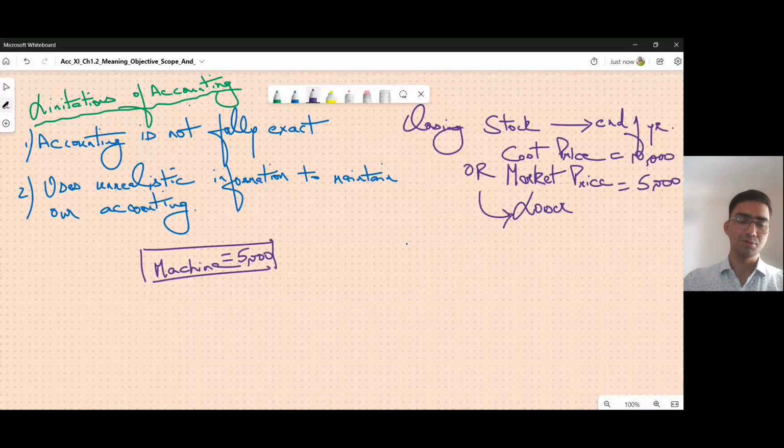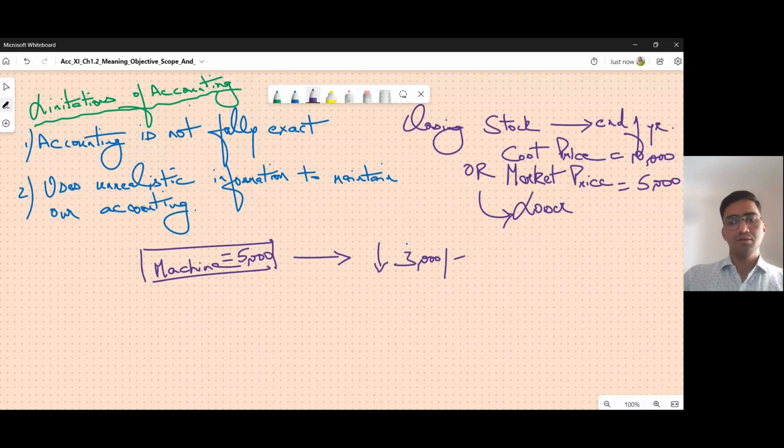But say tomorrow, if I go to the same market and I find out the price of this, the price has changed, it has come down to 3,000 rupees. This change will have no effect in accounting. If the price of this machine has reduced tomorrow in the market to 3,000, I will not rub out the amount which I've already written in my books, which I had written as 5,000. I will not correct it to be 3,000. So this is a drawback. We are using the historical cost.